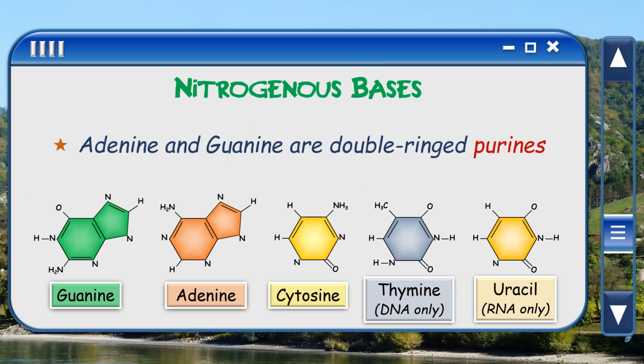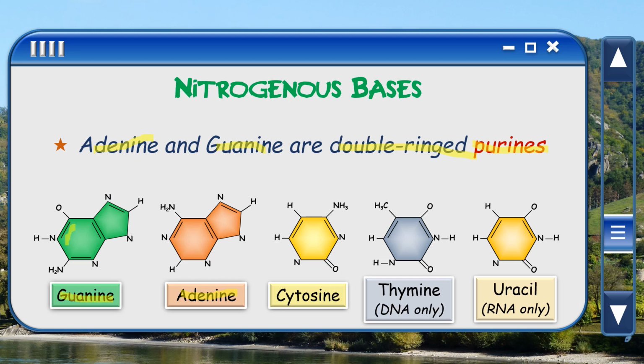Now, adenine and guanine are both double-ringed, and we call them purines. So when you look at guanine here and adenine, they have two rings.